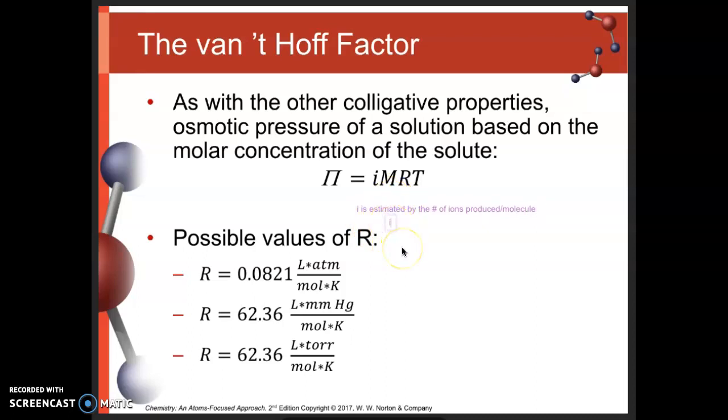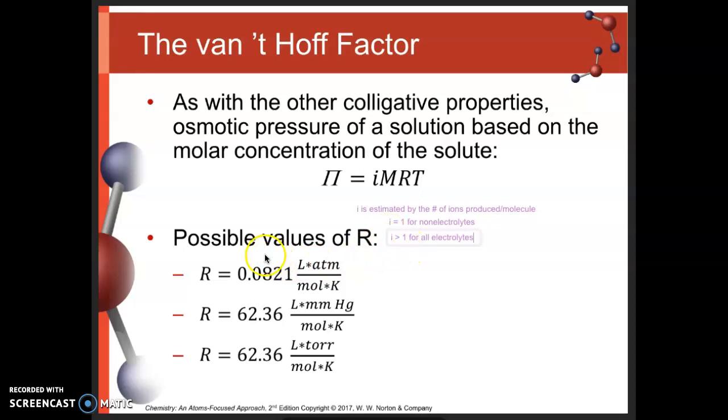And so i is equal to 1 for non-electrolytes. i is greater than 1 for all electrolytes. And again, we can estimate it this way, but oftentimes we will be given the value for i, especially in more concentrated solutions.